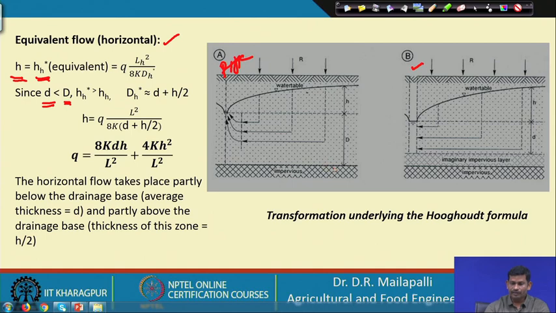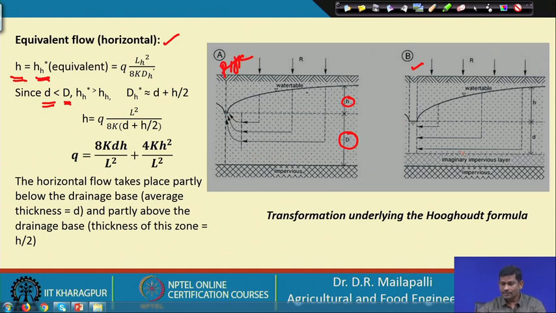Okay. If you see this, initially this is the impervious surface, and the drain is installed at d distance from the impervious surface. And then h is the height of the water table from the drain base.